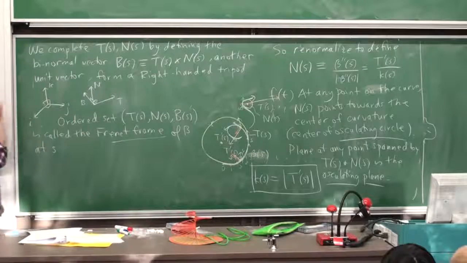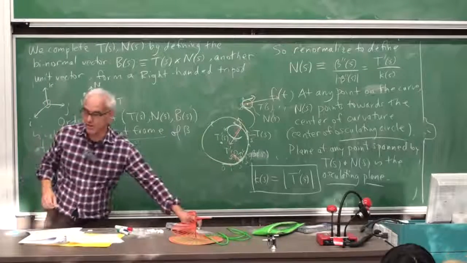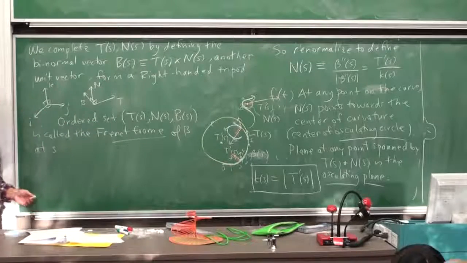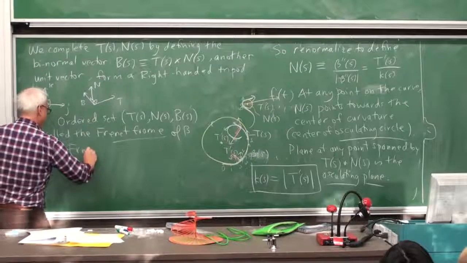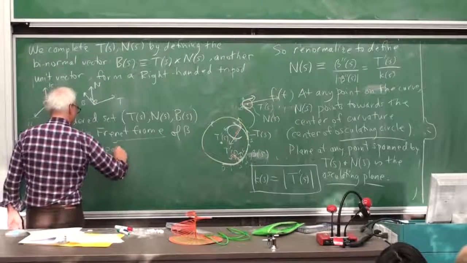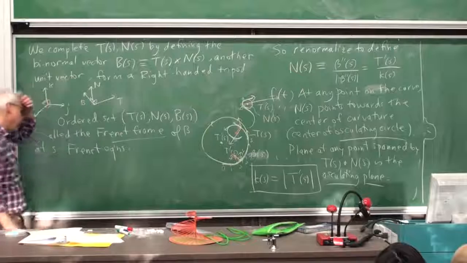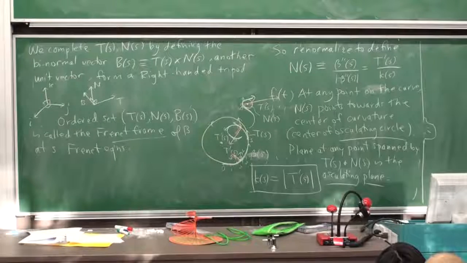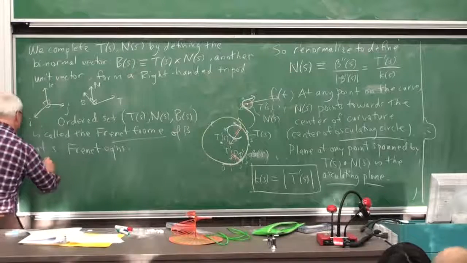And the Frenet equations are all about what happens to the derivatives of these 3 vectors. So the Frenet equations tell us what the derivatives are, and I might just write that down.